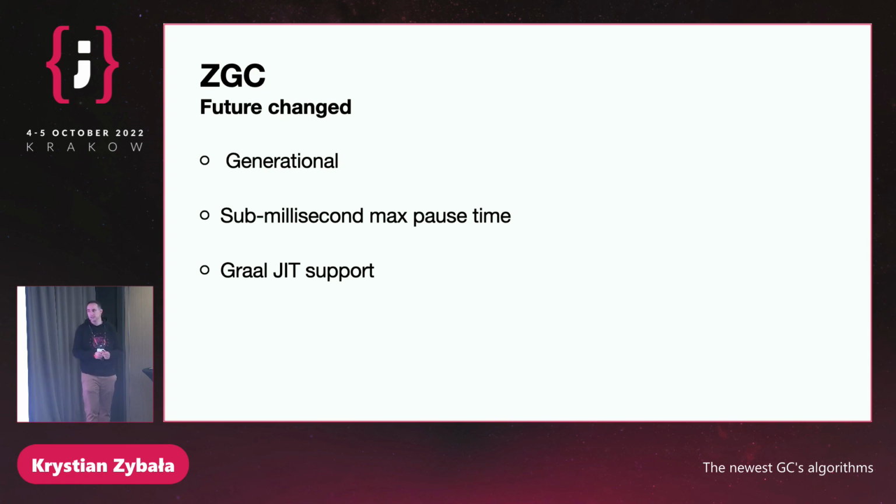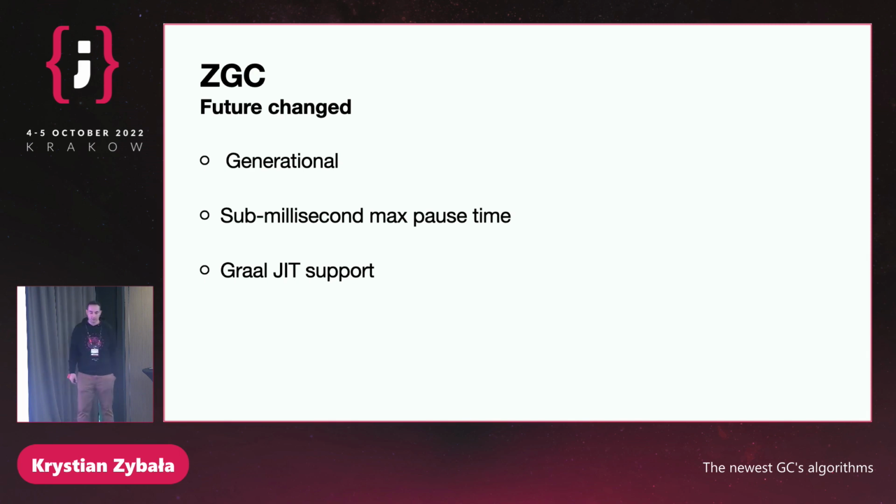And after that, they saw that the improvement in CPU usage was 70%, and in memory 40%, which was a crucial improvement. And they decided ZGC will have generational mode in Java 22, probably. That's if nothing goes wrong.